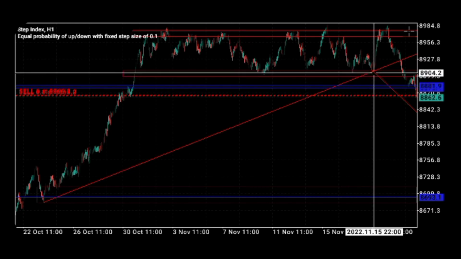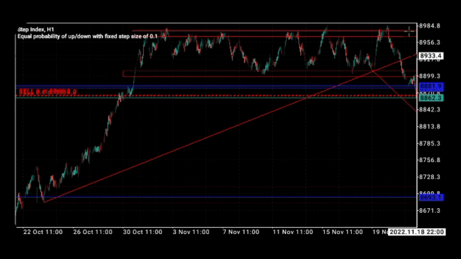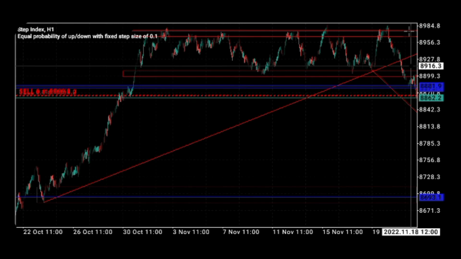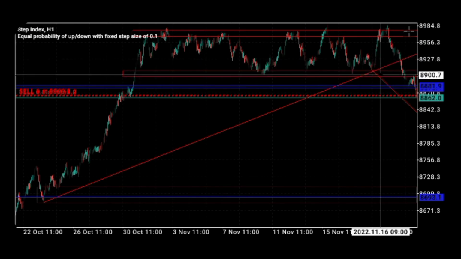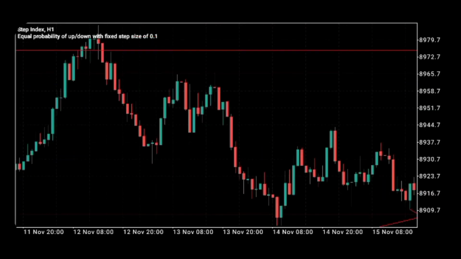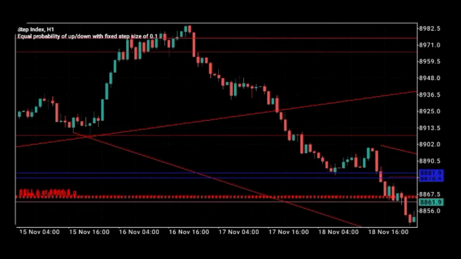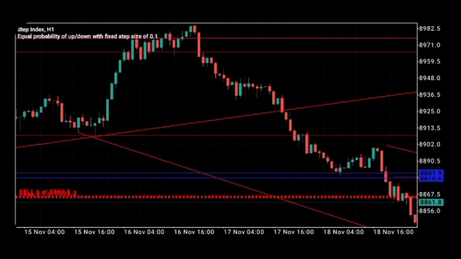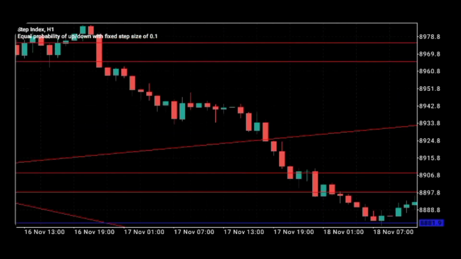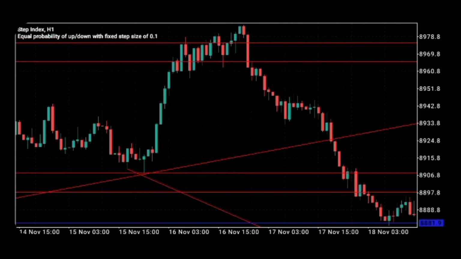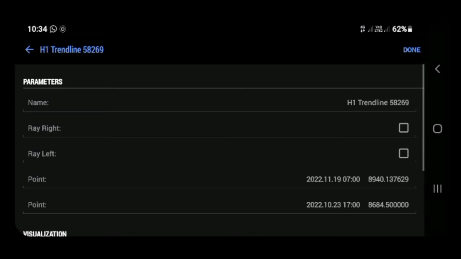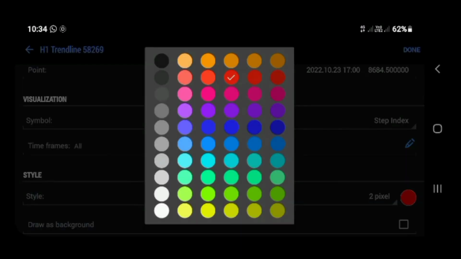So I extended my trend line to have touch 3, touch 2, and then the confirmation. This is the strategy that I'm using, but I won't explain a lot of things because it will take time. Let me change the color of my trend line to yellow, or let's make it lime.